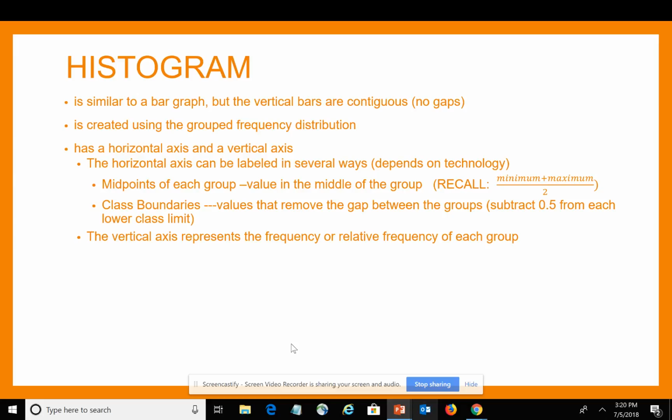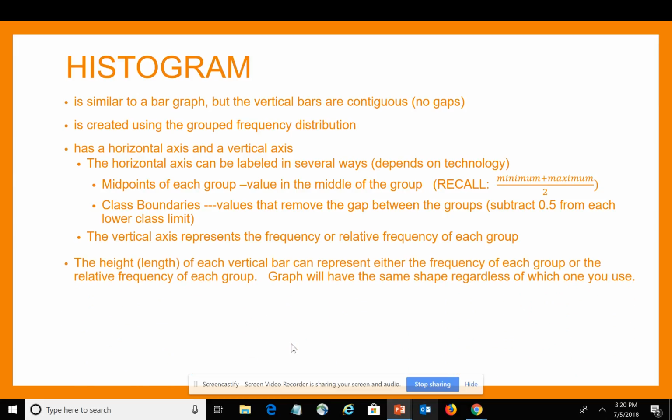And then the vertical axis represents the frequency or possibly the relative frequency of each group. The height of the vertical bar represents, again, the frequency or the relative frequency. But the neat thing is, regardless of whether you use frequency or relative frequency, the graph is going to have the same shape regardless.